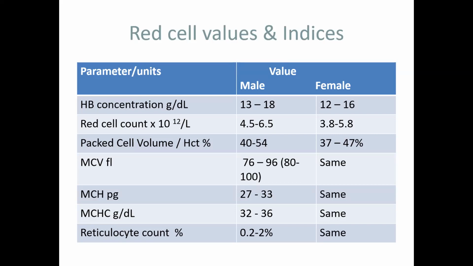So it tells you the hemoglobin that you expect to find in each cell. So it is different from your hemoglobin concentration up there, where we were saying the hemoglobin found in a certain volume of blood, in a deciliter of blood, you expect to find 13 grams of hemoglobin, okay?